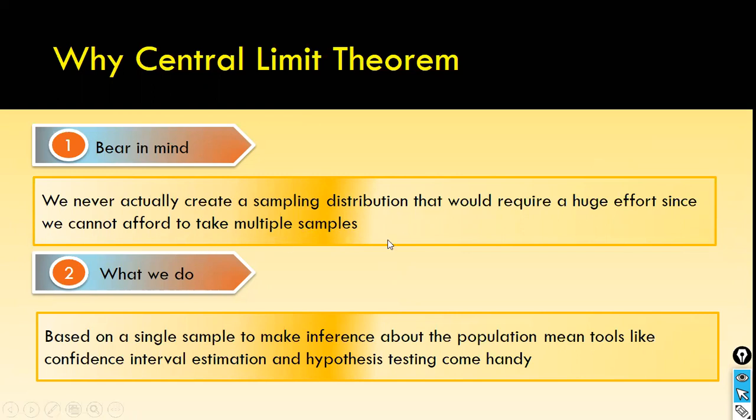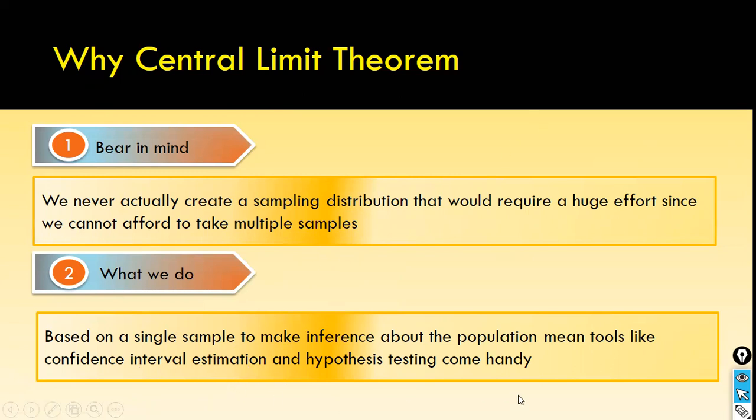We cannot afford to take multiple samples to create a sampling distribution. So the next question is, is there any way I can take a single sample to make an inference about the population? Is there any tool available? That is where confidence interval and hypothesis testing come into the picture. In that situation, we can apply the central limit theorem.